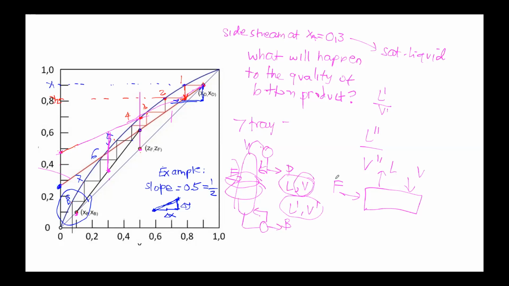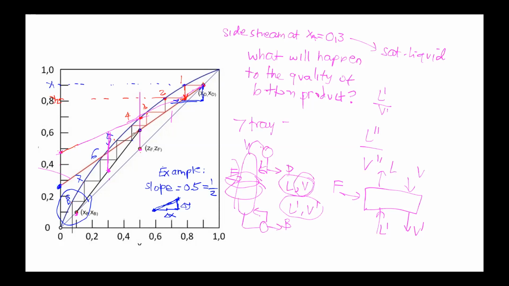And then you also know the feed, for example, is all saturated liquid. So L dash would be the liquid L minus all the feed in the feed, because it's saturated liquid. So you can find the L dash, and you can also find the V dash from the slope of the operating line, the stripping line.